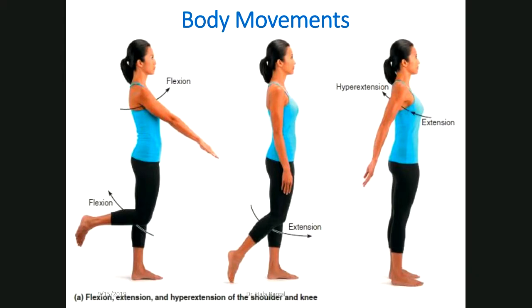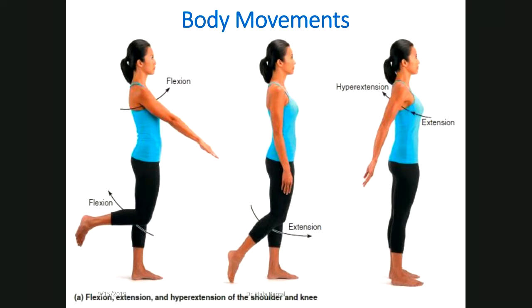This hyperextension movement is related only to the shoulder joint, and as we mentioned before while we were discussing the joint, the shoulder joint can do hyperextension, extension, flexion, and circumduction.